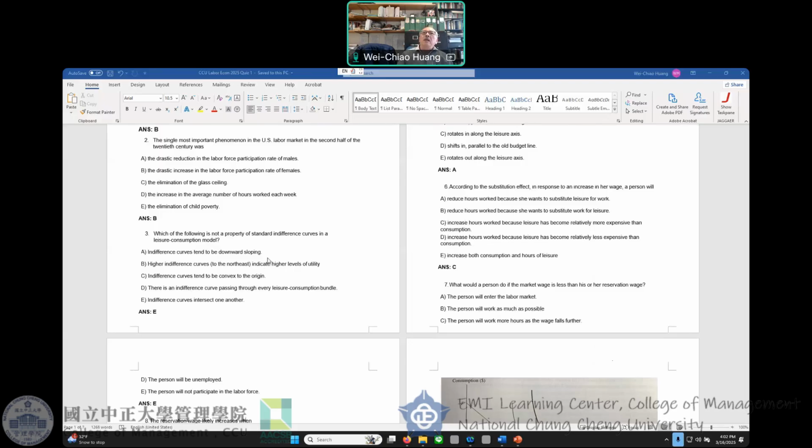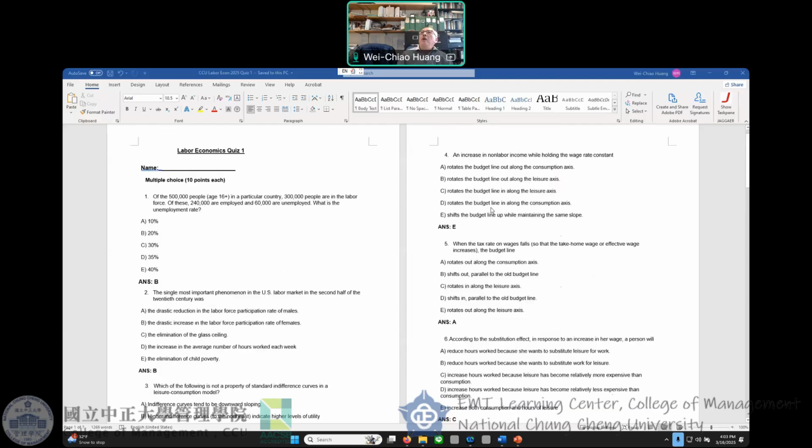The answer is E, indifference curves intersect with one another, which is not correct. All the other properties about indifference curves are in our analysis, like A and B, but not E. The indifference curve cannot intersect.